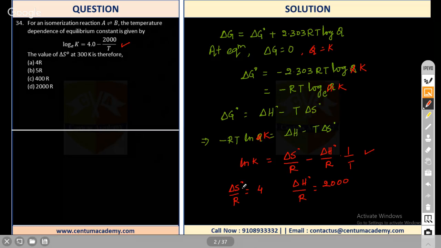So then delta S naught will be 4R. So the answer will be option A. Is it clear? Understood, guys?